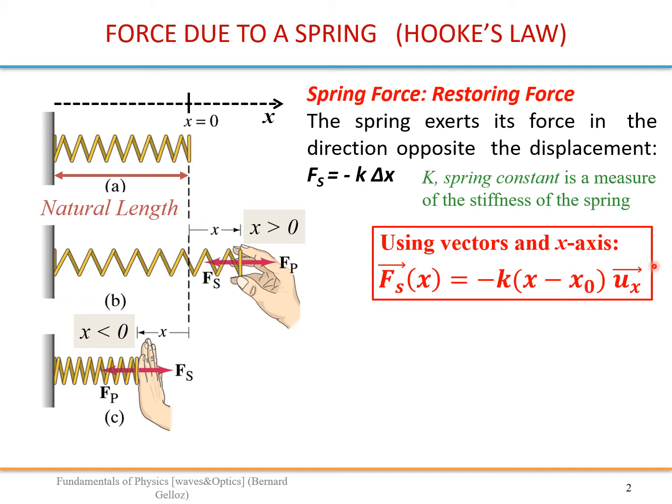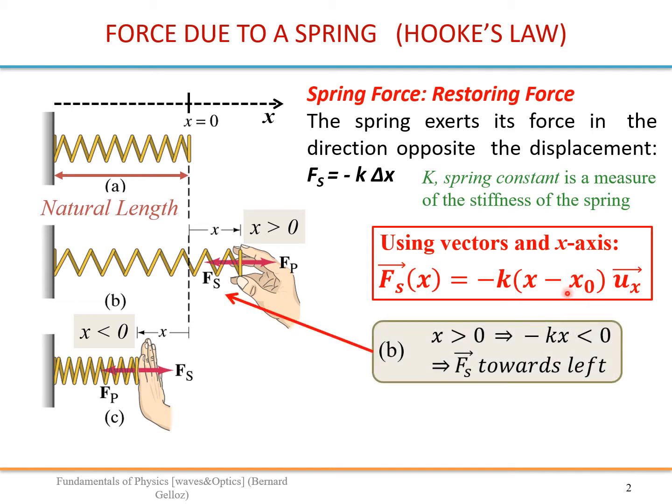Let's say x0 equals 0. So we have F equals minus kx ux. So the magnitude will be minus kx, and it is negative because x is positive. Along this vector, which points to the right side like the x axis, this sign gives you that the force will be to the left.